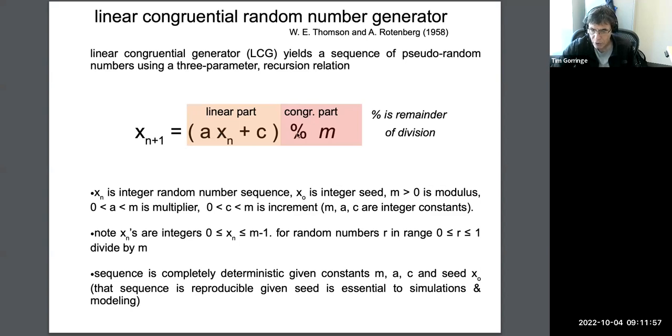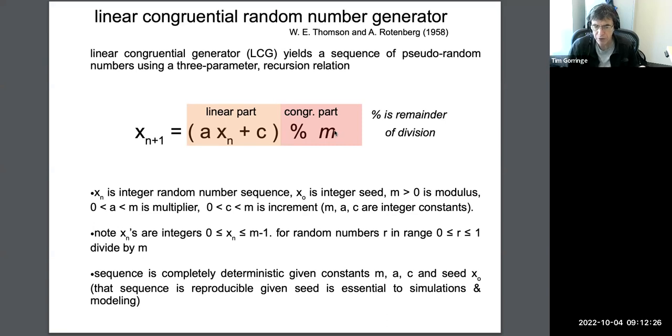The equation says that to calculate x n plus 1 from x n, you multiply the prior random number by a constant a, you add to that a constant c, and then you find the remainder from division by this constant m.